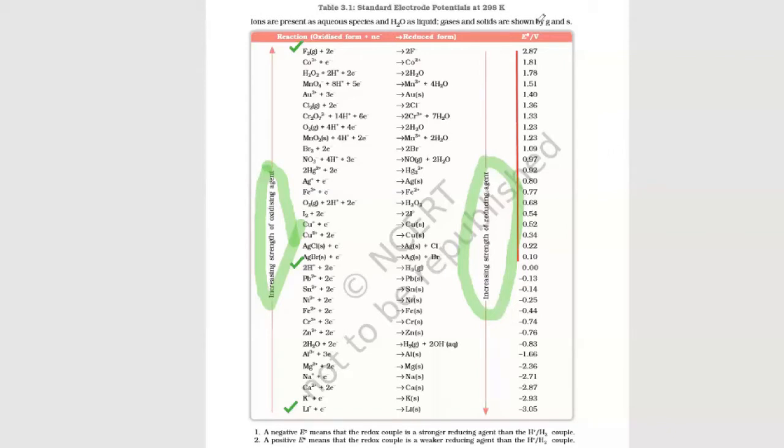So all those below hydrogen can liberate hydrogen, but the ones which are above cannot liberate hydrogen. Understood? If I say oxidizing agent, reducing agent, we have already seen that, isn't it? So you'll follow it. Understood?